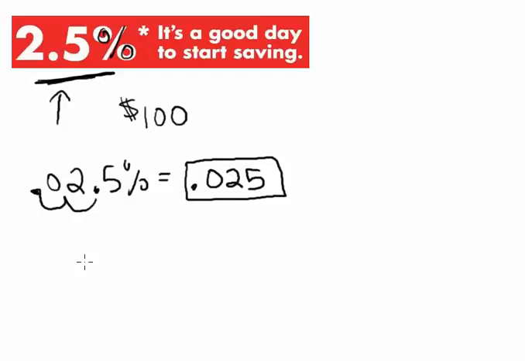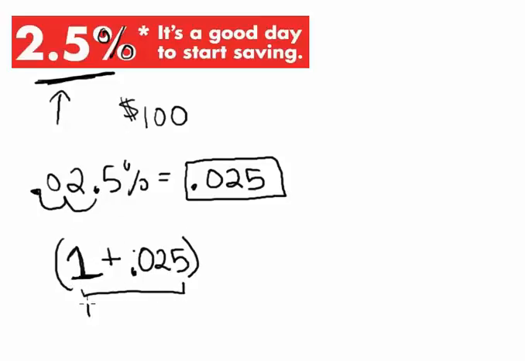They're saying that in addition to the whole $100, 100% of that money, I'm going to add an additional 0.025, which represents 2.5%. So this right here is what I start with, right?